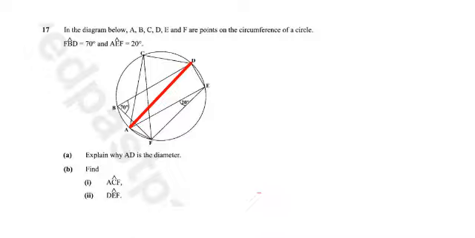Now part B1 is saying we should find ACF. So if I can just write ACF, A, C, F, like that.